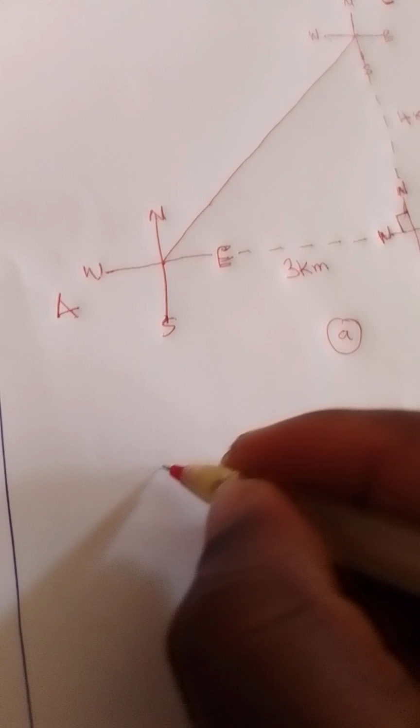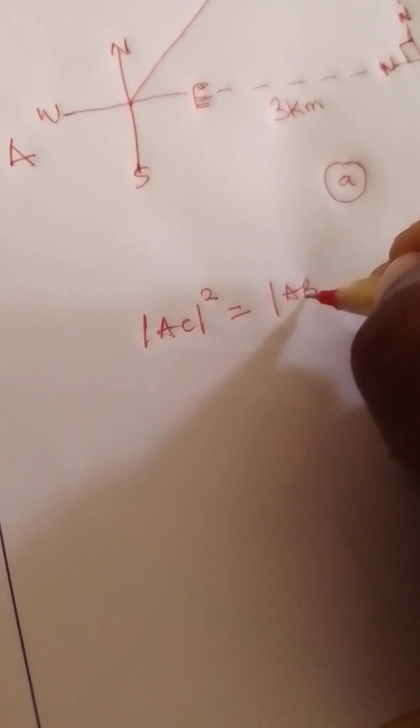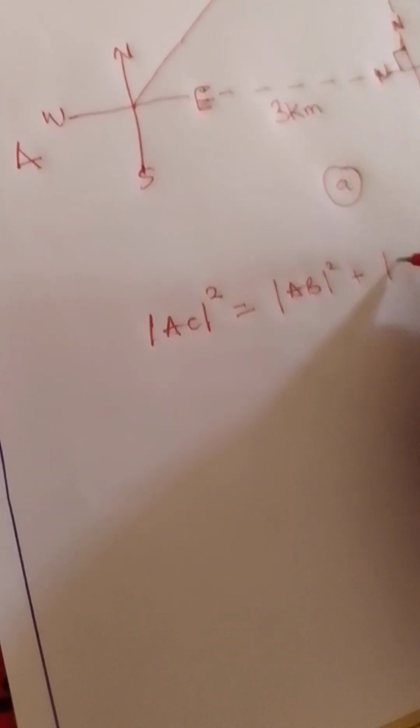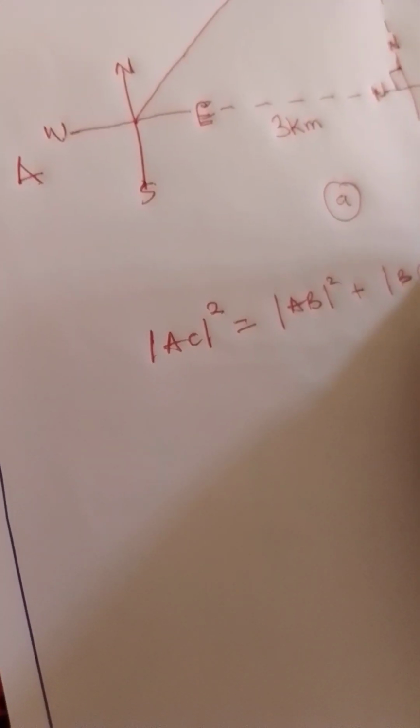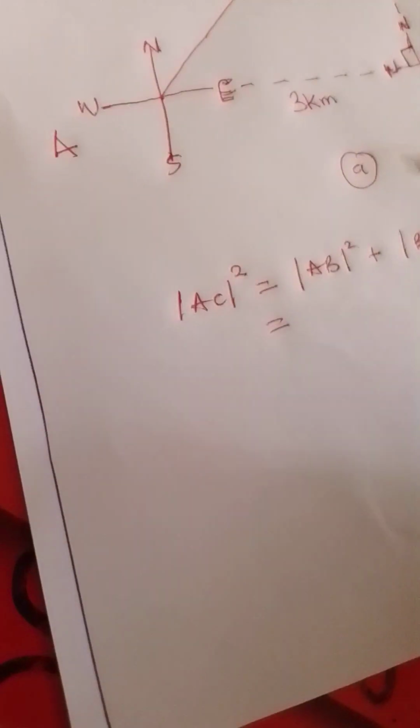Pythagoras theorem says that line AC squared will be equal to line AB squared plus line BC squared. If you agree with me, you discover that line AB is 3.